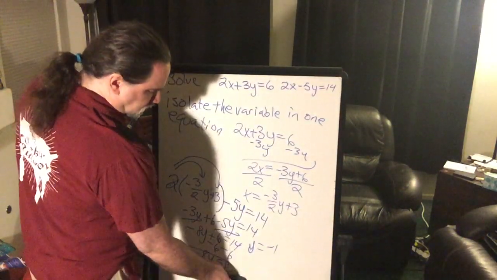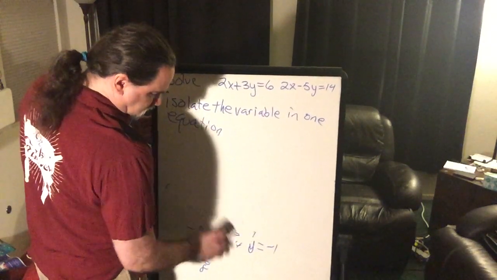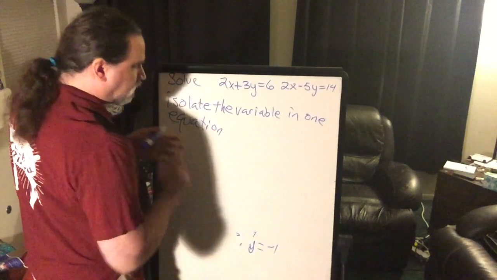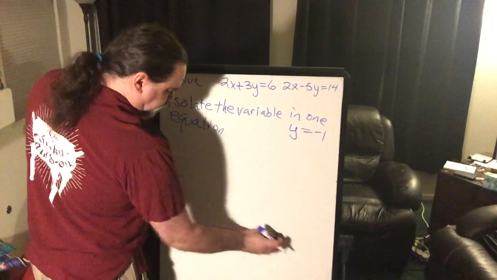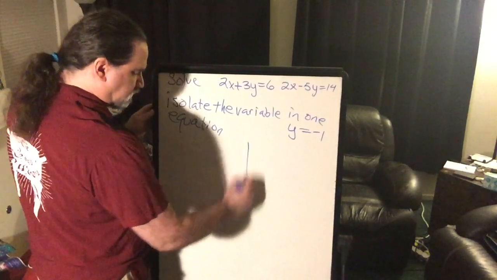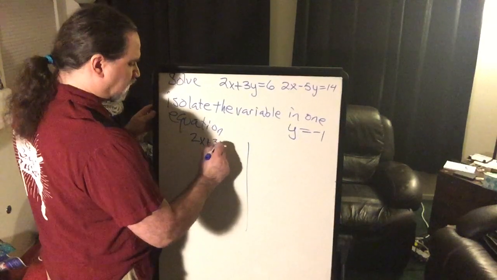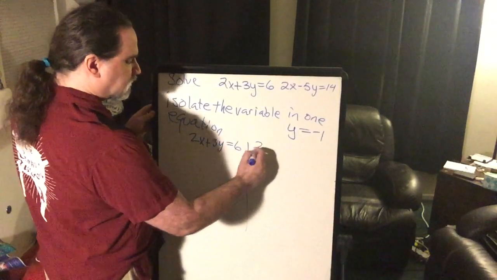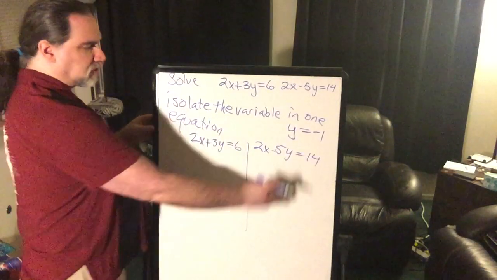So I'm going to erase this. I'm going to bring that y equals negative 1 up here. And then I'm going to split it down the middle right here. So I'm going to put 2x plus 3y equals 6 here, and 2x minus 5y equals 14 over here. And I'm going to plug in negative 1.